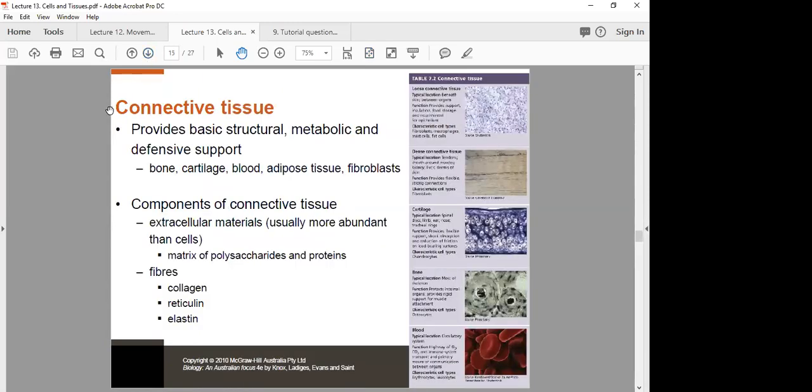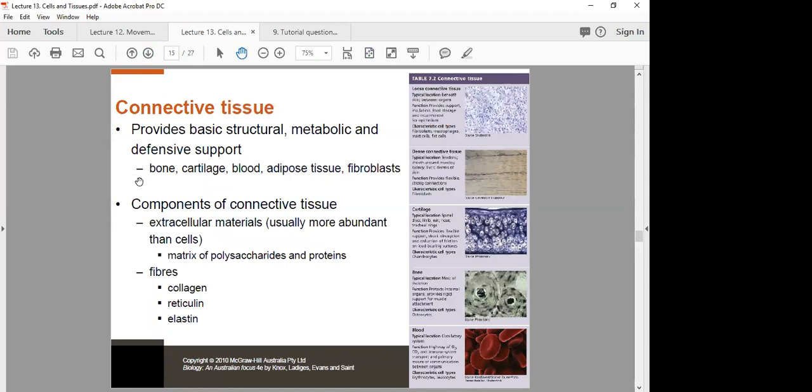All right, our next major tissue type is connective tissue. Connective tissue tends to have lots of extracellular matrix. Less cells, more ECM. Connective tissue functions mostly to provide structural, metabolic and defensive support. Connective tissue is very diverse in its structure.